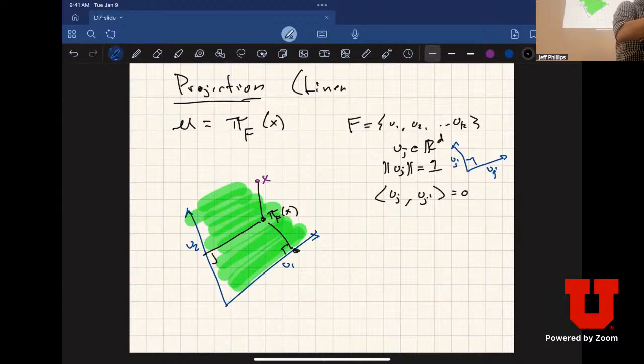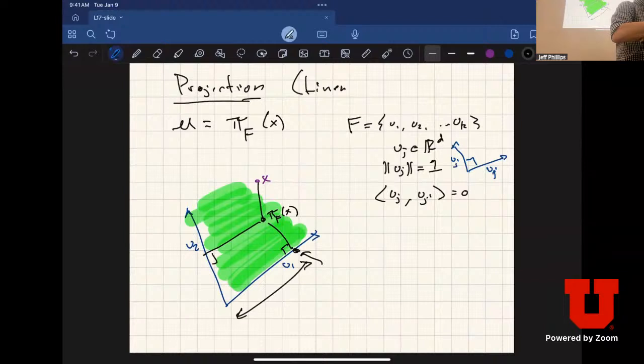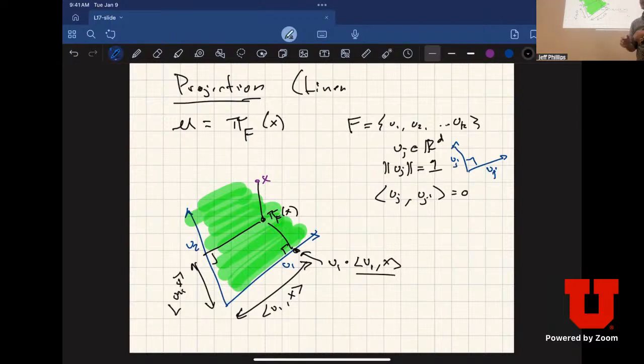This length here is going to be u1 dot x, the dot product of x with u1. This length here is the dot product of u2 with x. But this actual vector here is going to be u1 times the dot product of u1 with x, where this component is the length, and this tells me what direction to go that distance.